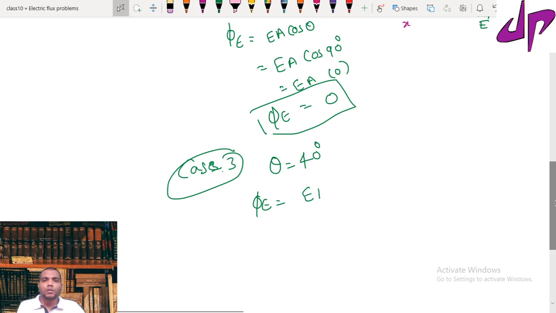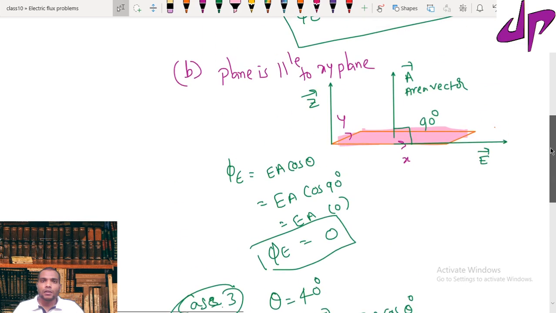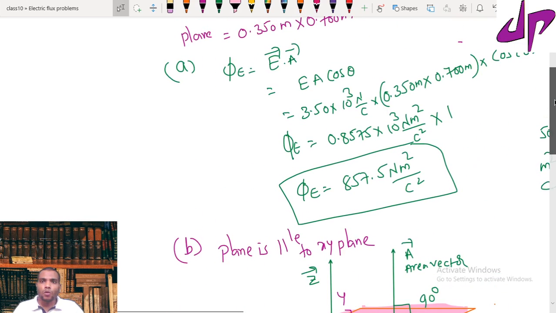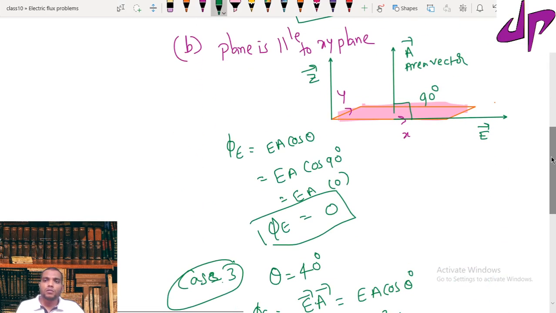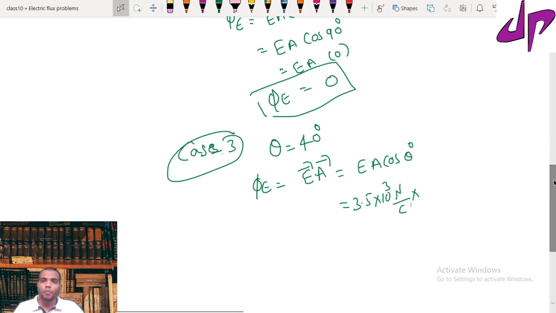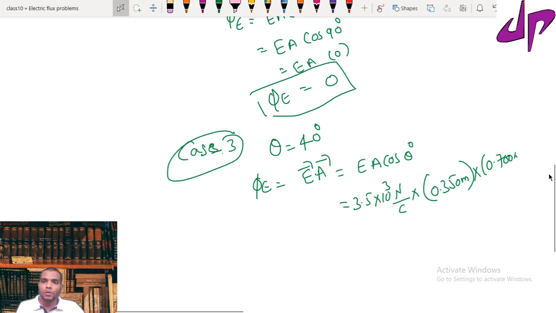Flux phi equals E dot A, which equals EA cos theta. So the electric field value is 3.5 times 10 power 3 Newton per coulomb, and the area is 0.350 meter times 0.700 meter, times cos 40 degree.